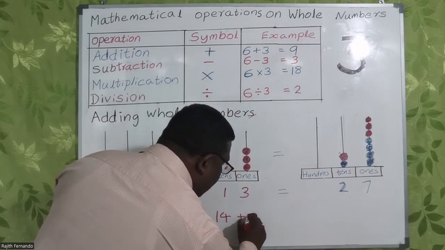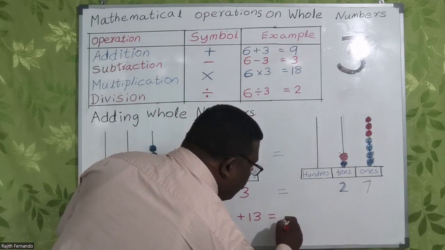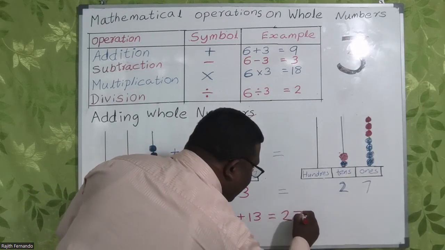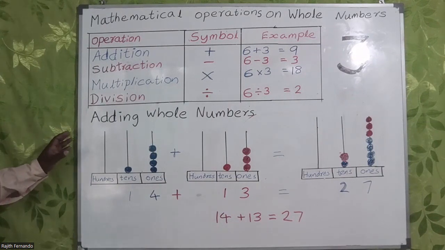14 plus 13 is equal to 27. Or 13 added to 14, the answer is 27. This is how you add whole numbers with a counting frame.